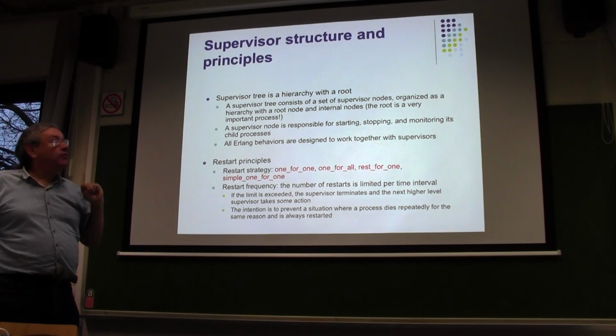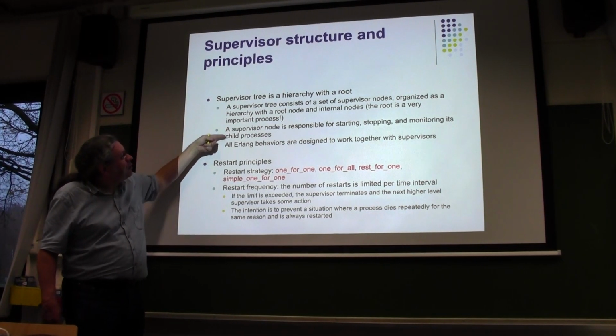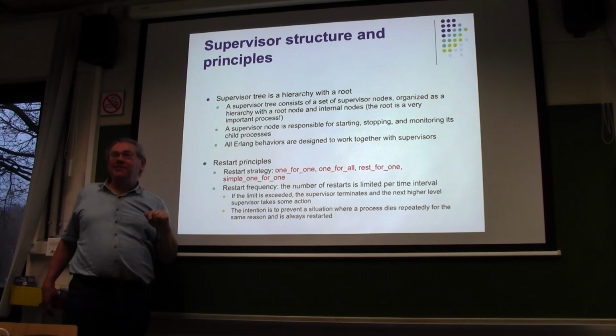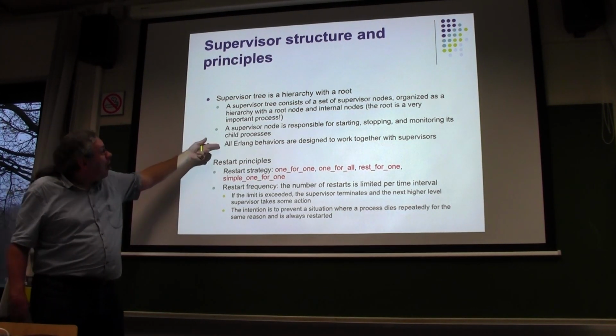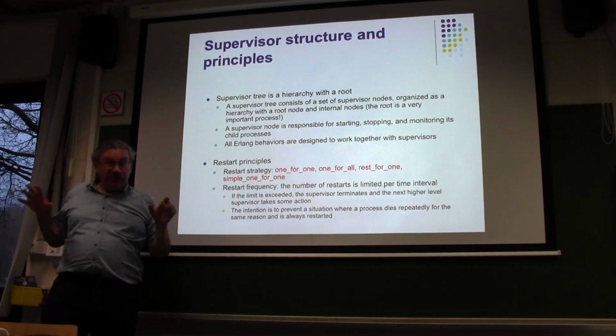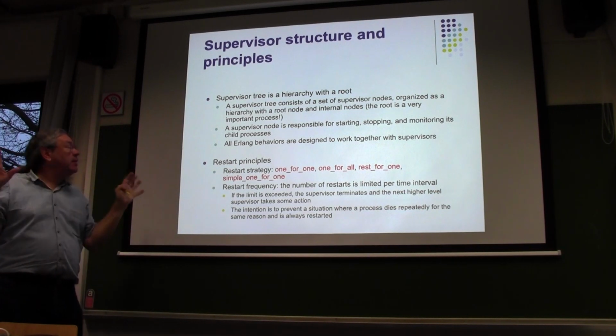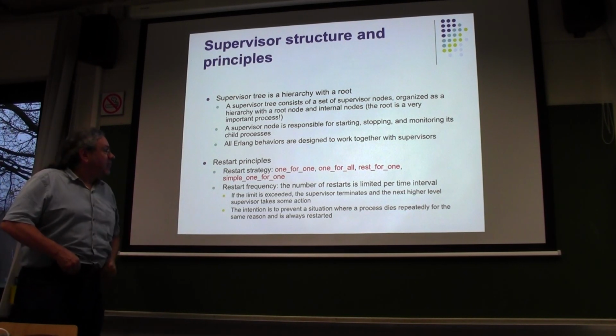It's usually extremely simple, this root node. And a supervisor has child processes, and all behaviors, the four other ones, are designed from the start so that they can all be supervised. So this is built into the system, okay?